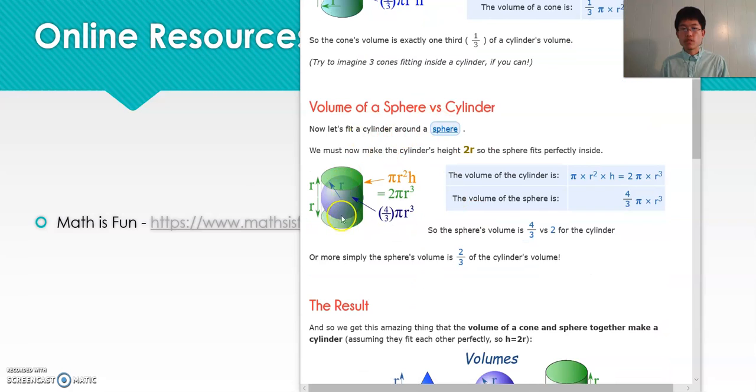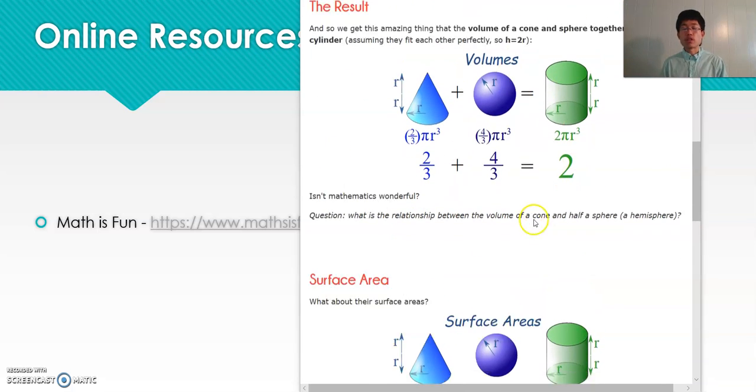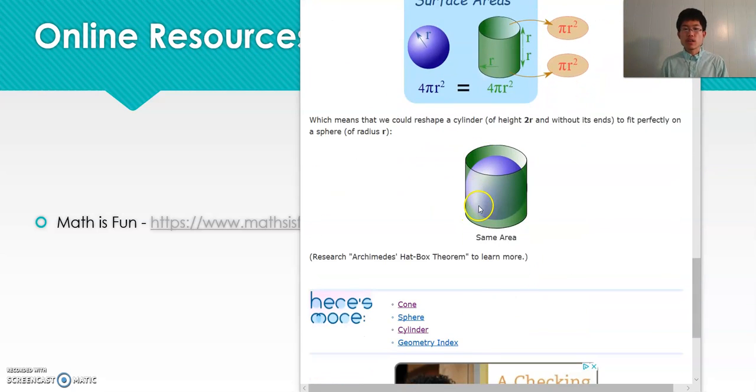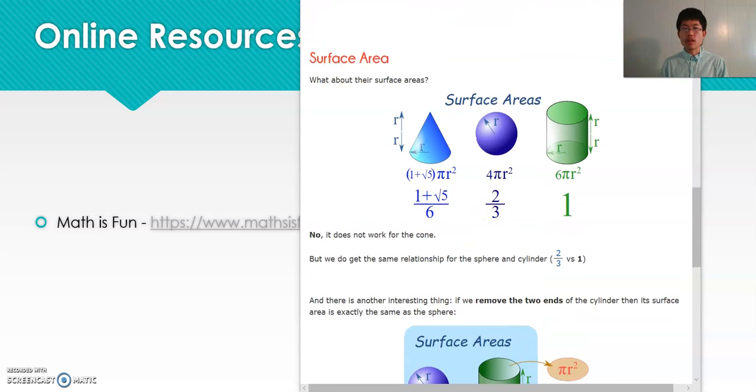Volume of sphere and cylinder: now to put this sphere inside the cylinder, the height is actually 2r. And comparing these two numbers, it's going to be 2/3 of a cylinder. And other things like here's the result in conclusion, and they're also doing the surface area as well. Well, that's about it.